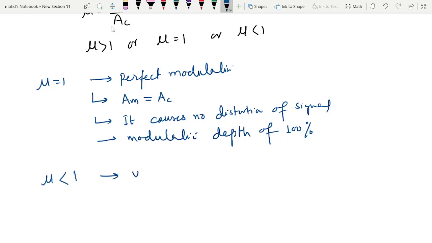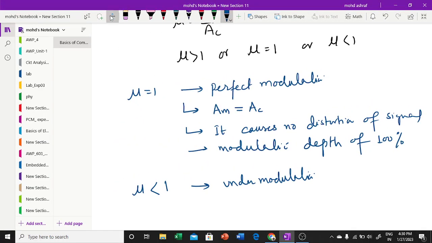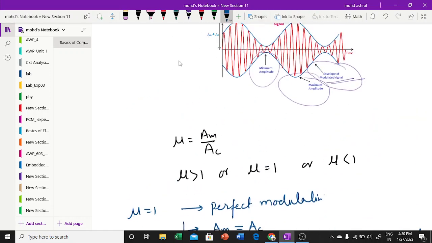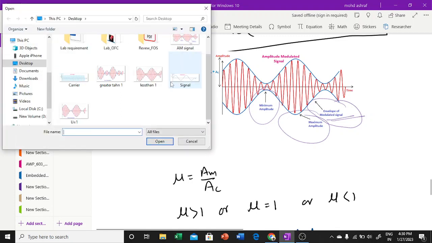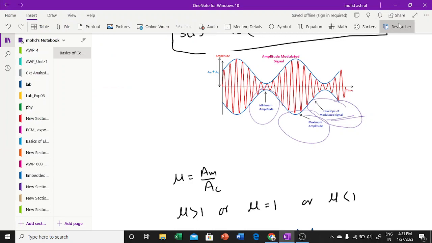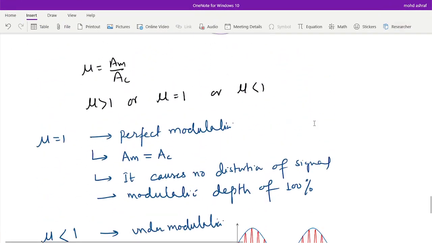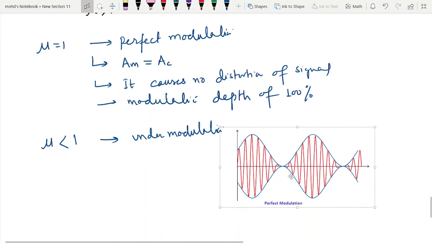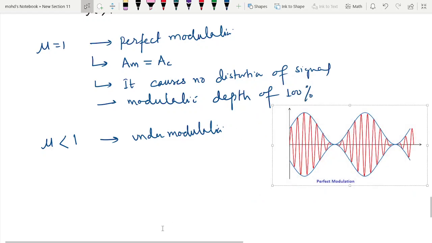It is called under modulation. Perfect modulation looks like this.